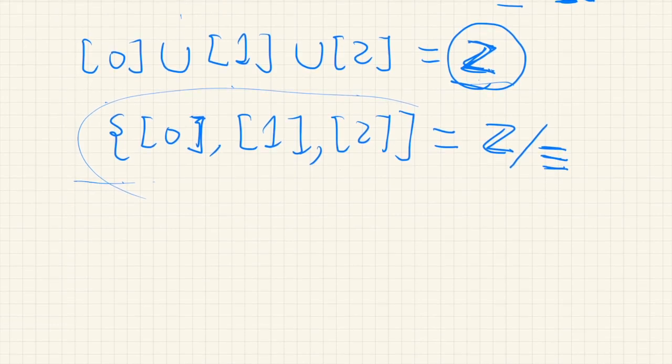In general, if we have an equivalence relation on set S, called tilde, then the partition of S induced by this equivalence relation is written as S by tilde, and is called a quotient set.